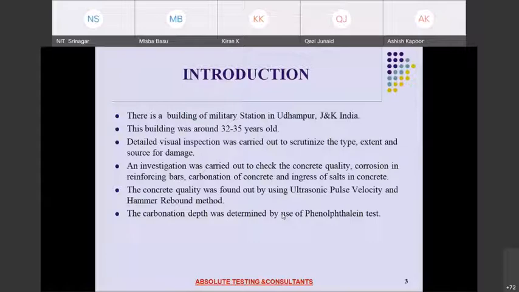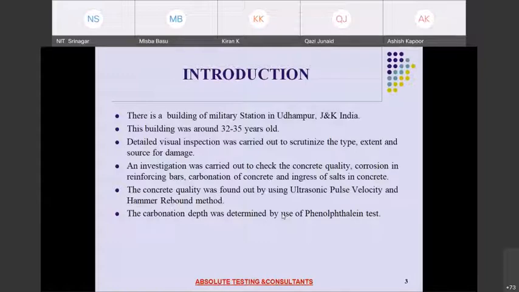So how we do this whole procedure, we call it structural health monitoring. Initially, we do a detailed visual inspection so that we get to know the type of damage, the present condition, the extent of damage, and the source of damage.